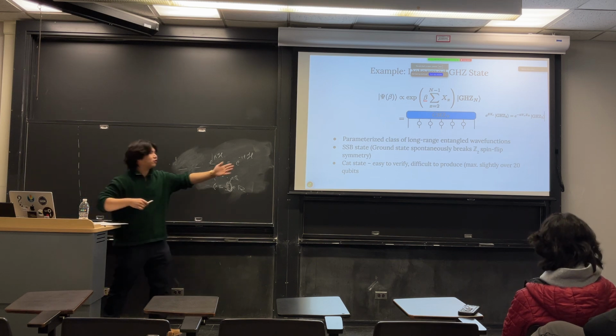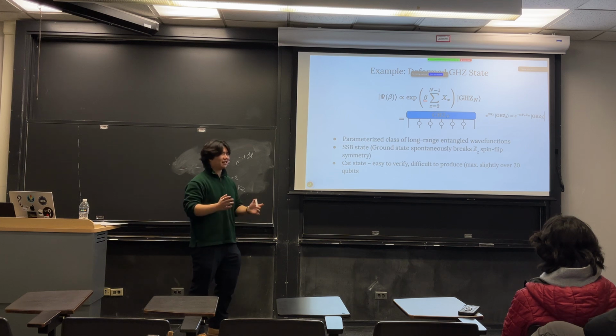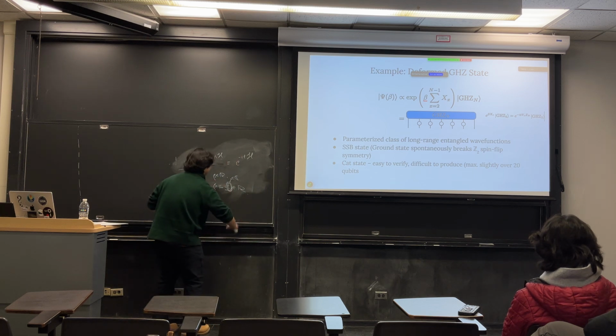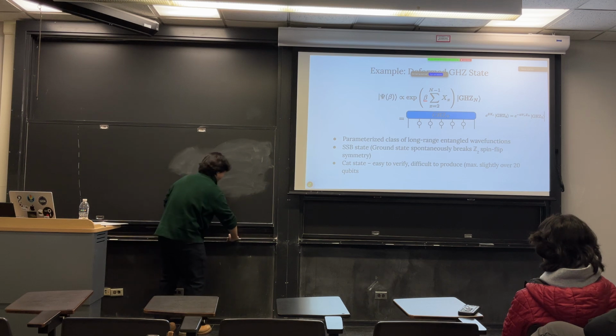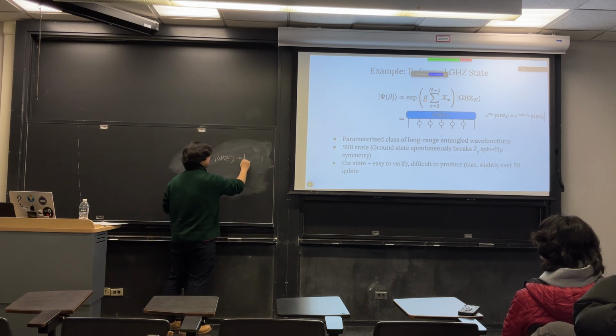And so, we also have that this is a spontaneously symmetry breaking state, and if that has any meaning to you, you can take that. But if it doesn't, the idea is that GHZ states have a global symmetry. I'll just do this really quickly: if you apply the product of X's on it, then it just stays invariant.